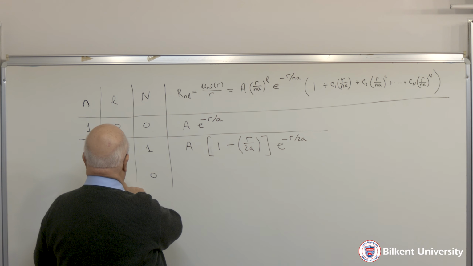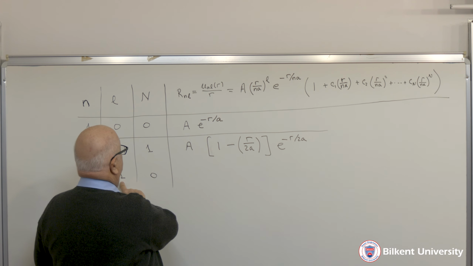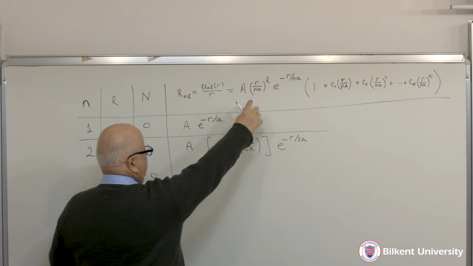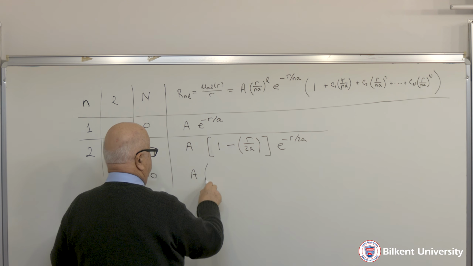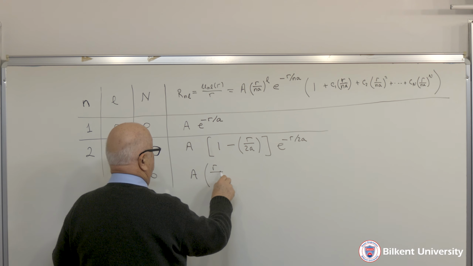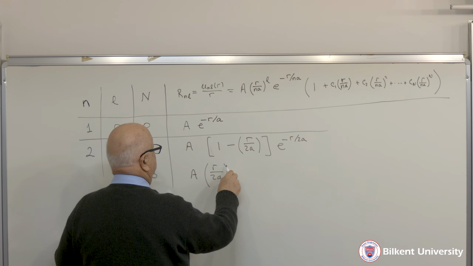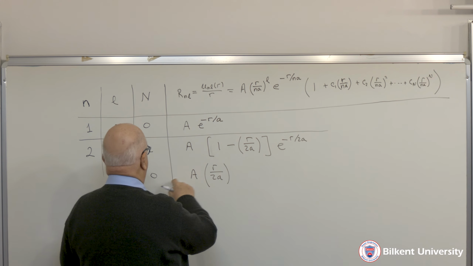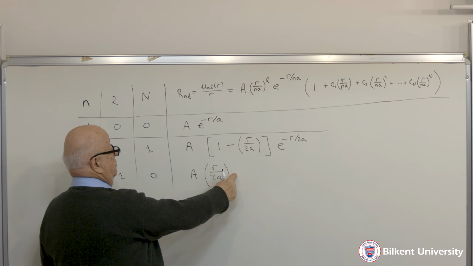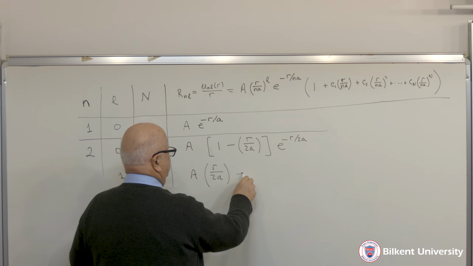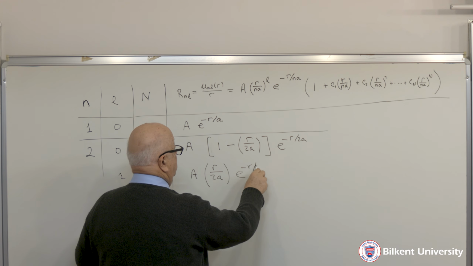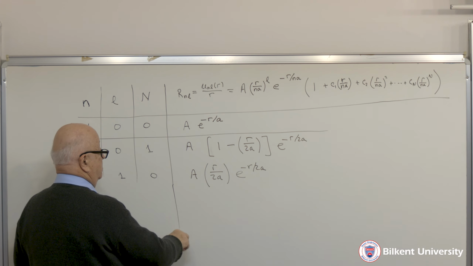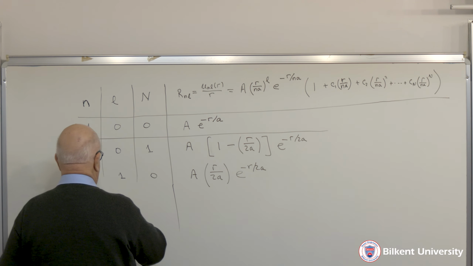Now this L equal to 1 is going to give me a rho to the L term here, so it's going to be r over 2a to the first power, and then a 0th order polynomial, which is just that, and e to the minus r over 2a. So that's what that looks like.